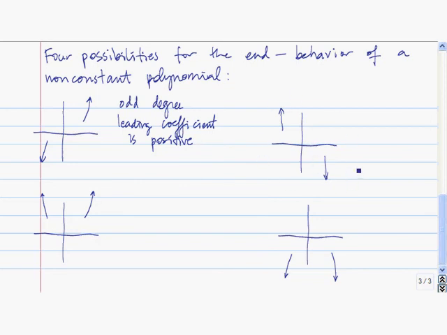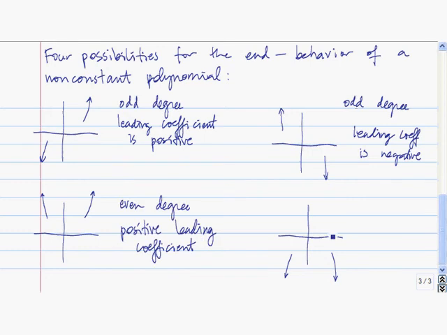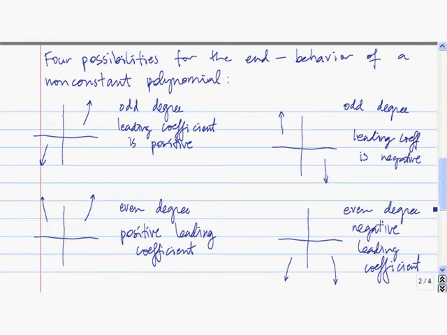Again, in this case here, we have an odd degree polynomial. And in this case, though, the leading coefficient is negative. For this case here, we have an even degree polynomial with a positive leading coefficient. And for this one, we have an even degree polynomial with a negative leading coefficient.